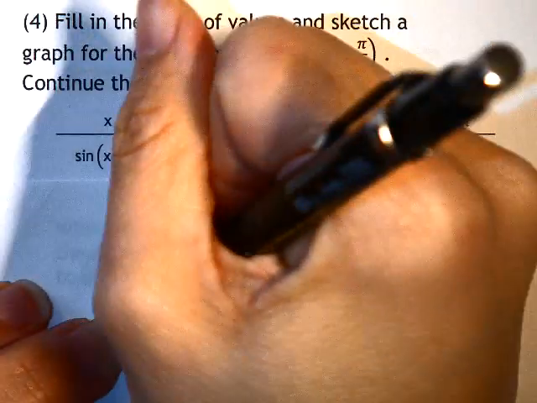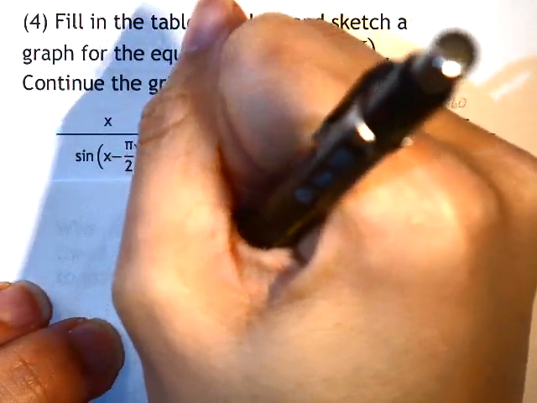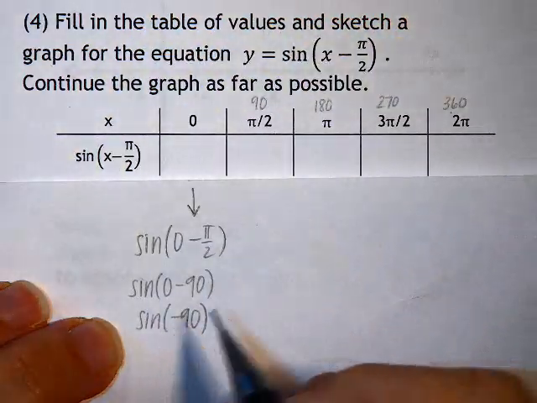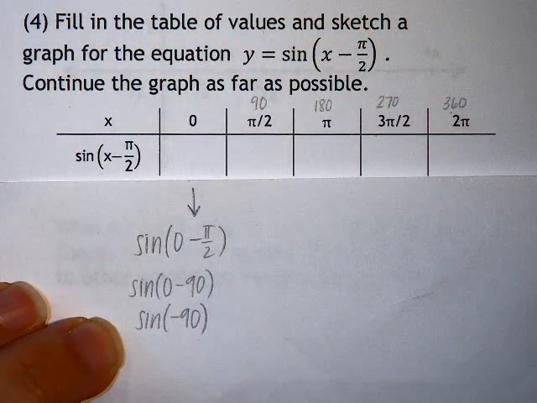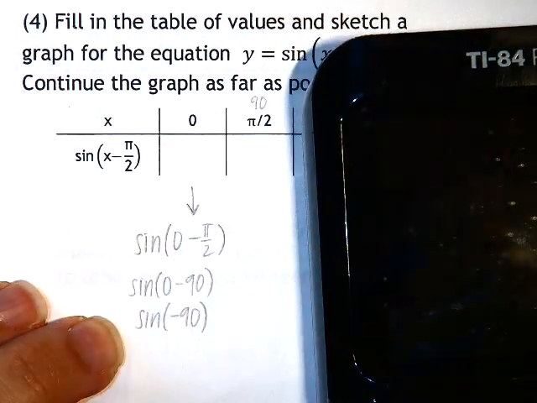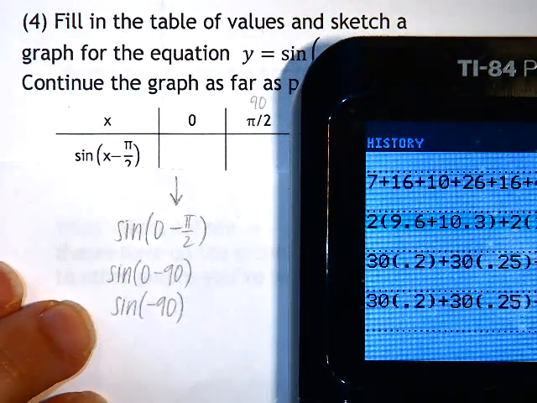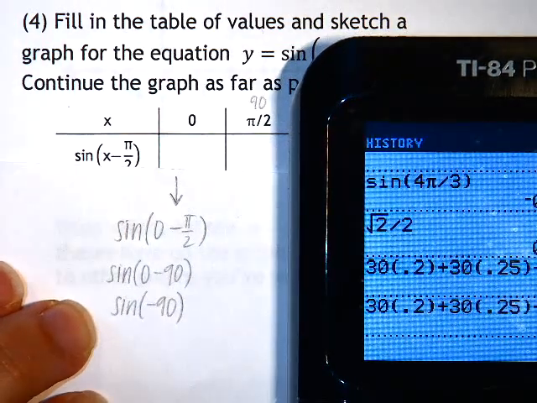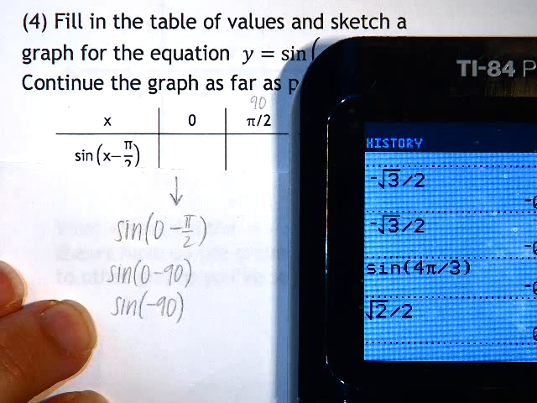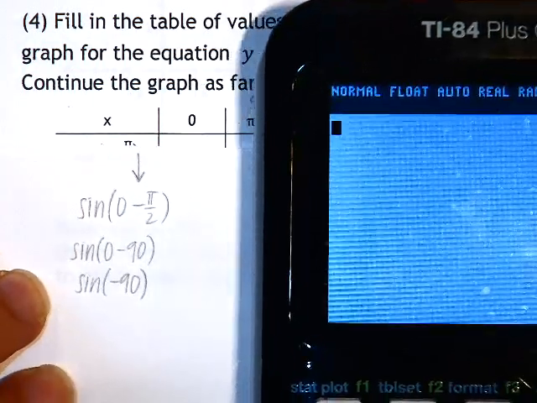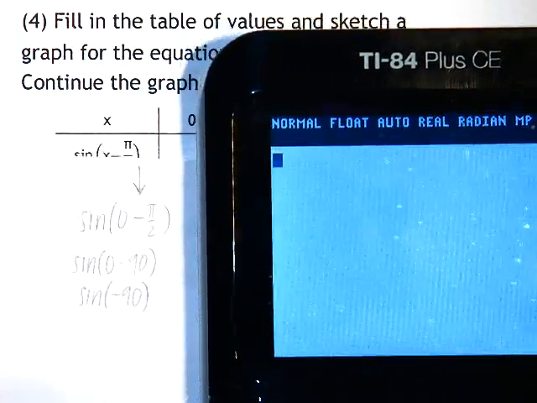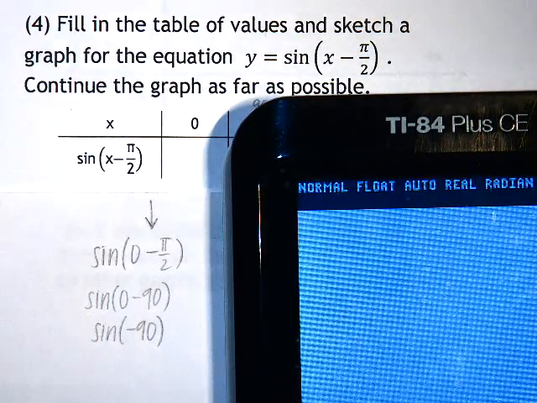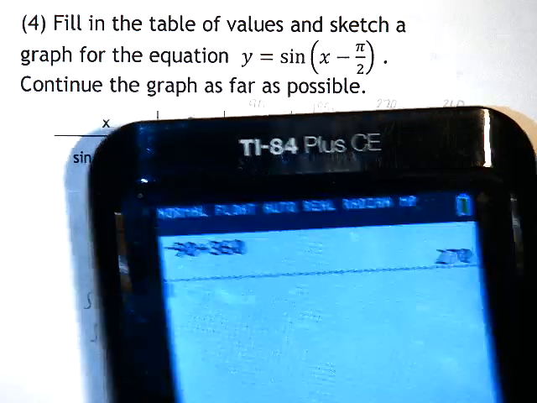Sine of 0 minus 90 means sine of negative 90. And negative 90 is one of those weird coterminal situations where we have to add 360 in order to picture what's on the circle. Negative 90 plus 360 gives us 270.